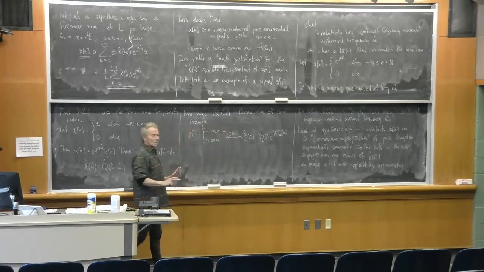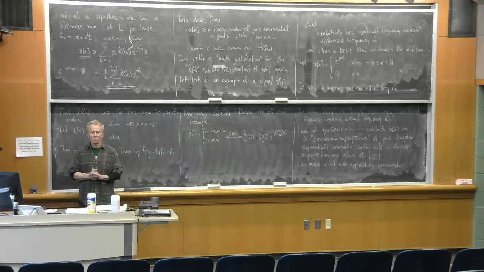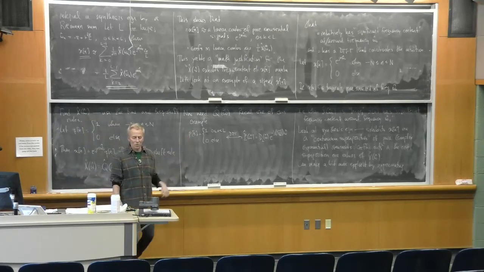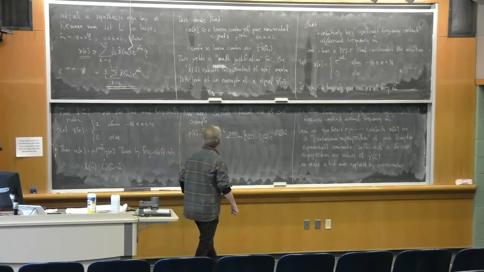That was one of our examples from last time. You can look it up, or pull up the other lecture on your screen and you'll see it's one of the examples.